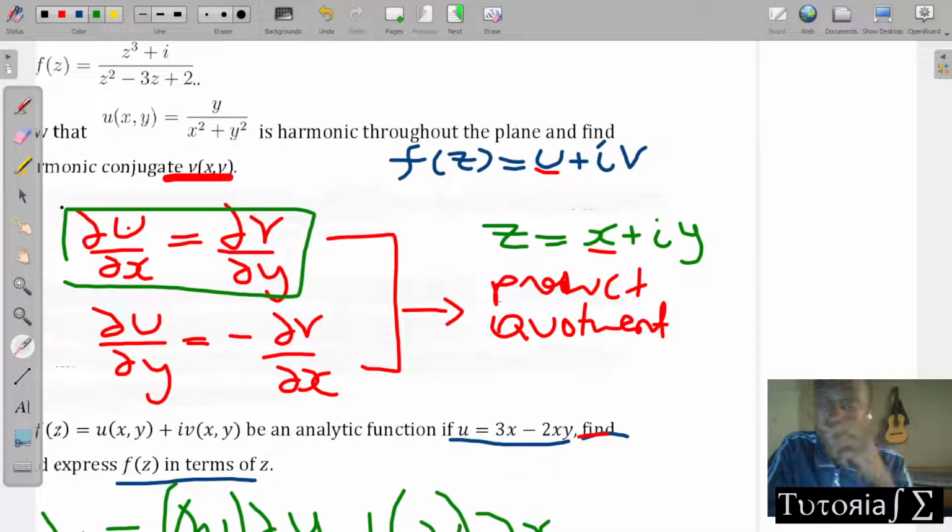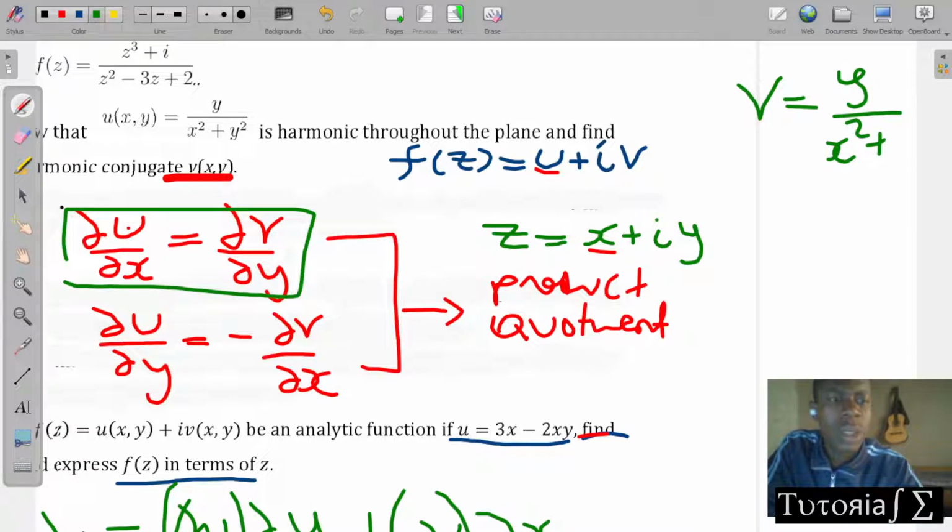All right, so I'm going to pick the simplest one. Let me just write the equation first. We have v is equal to y over x squared plus y squared. So I'll pick the first equation. Sorry, why am I writing? This is u.